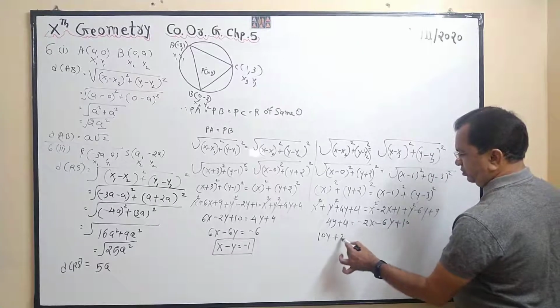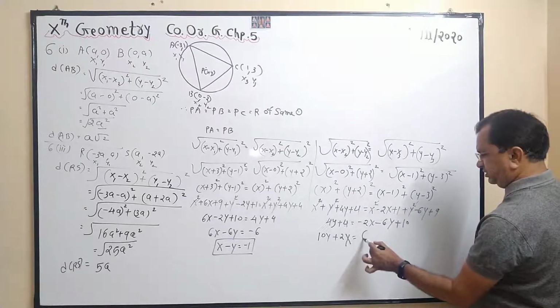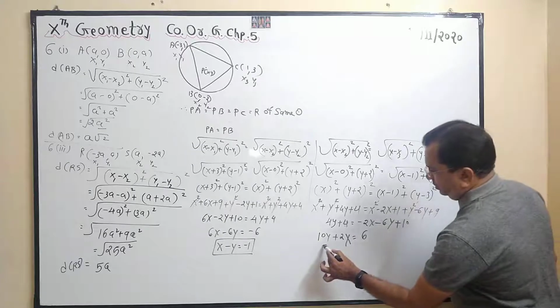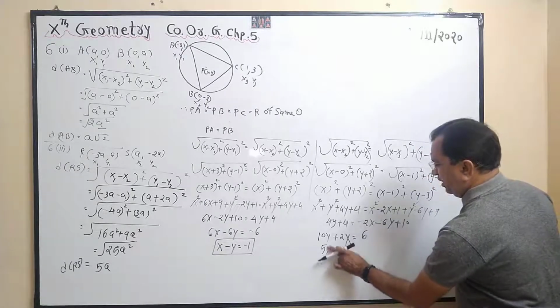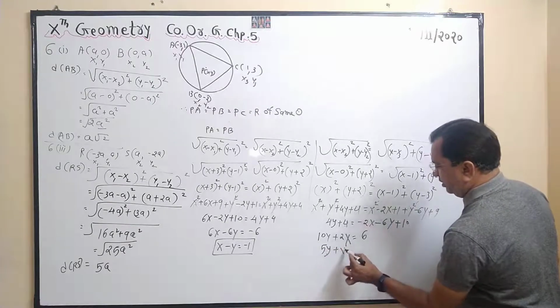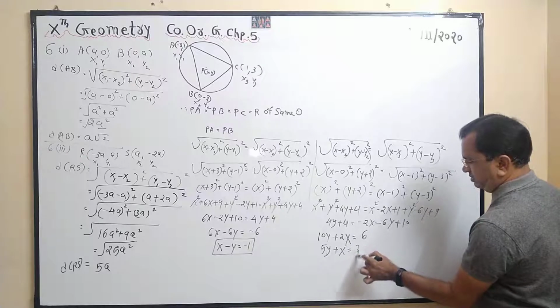This comes this side, so 2x. This comes this side, so it is 6. Now divide by 2, so x plus 5y is equal to 3.